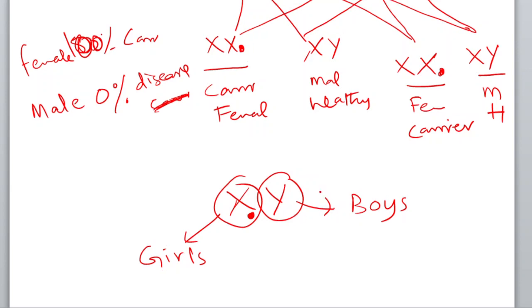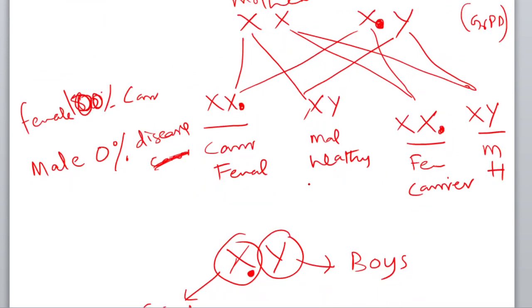Now here the situation is the same. You can see here the mother was healthy, so she did not have any abnormal chromosome. All she gave was a normal X chromosome, and her girl became a carrier because of the father. And again, the girl became a carrier because of the father. And the male has 0% chance of the disease.